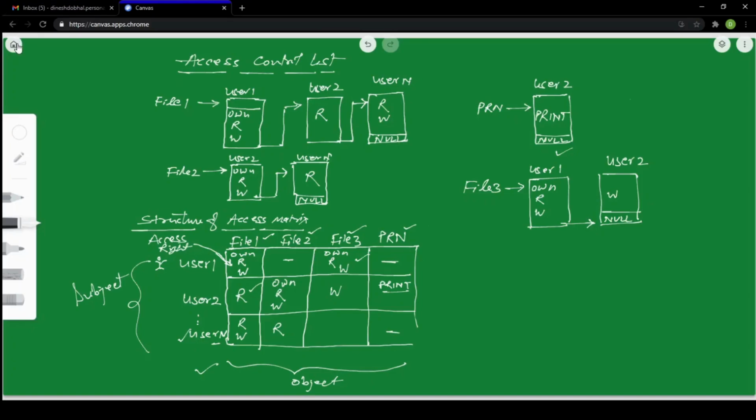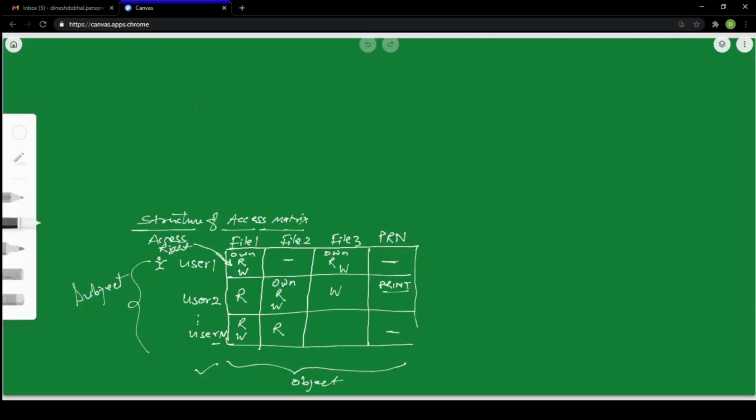Now coming to the last topic, that is capability list. We are taking the same access matrix, and in which the matrix is divided row wise, that is the linked list is created for every user.